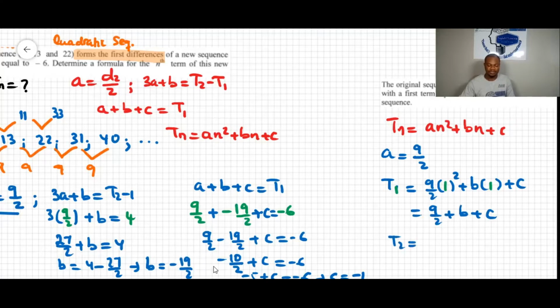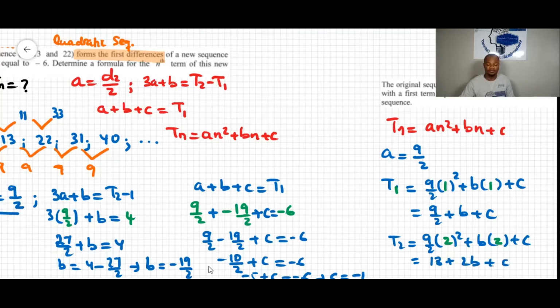T2 will be 9/2 n squared plus bn plus c. Now we sub in the value of n, which is 2, so this will be 9/2 times 4, which is 18, and then 18 plus 2b plus c.